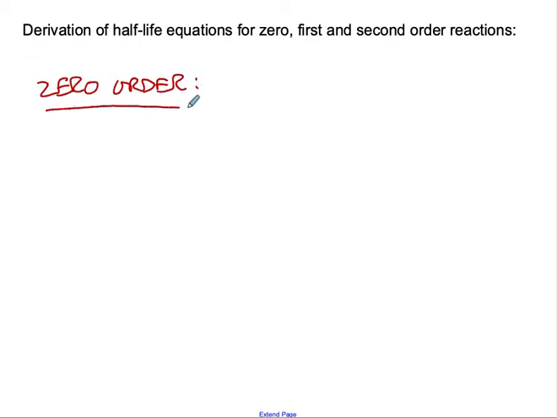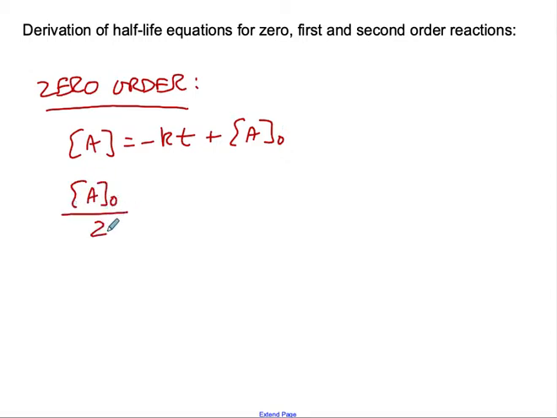Okay. I'll write out the integrated rate law. Concentration equals negative kT plus the initial concentration. In place of concentration, I will put in half the initial concentration. And in place of T, I'll put in T1/2. Okay.